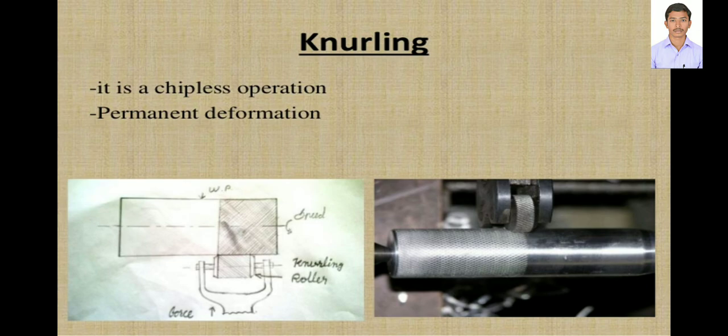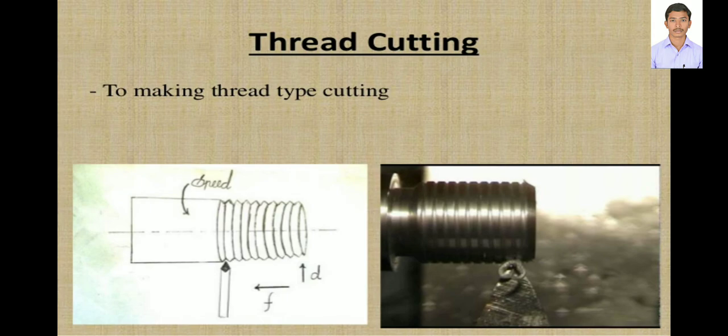You can see the 2D diagram: this is the speed rate and this is the workpiece. In this position is the knurling roller. A knurling tool bit is used to develop knurling on the shaft. That is the knurling operation performed on the lathe machine.